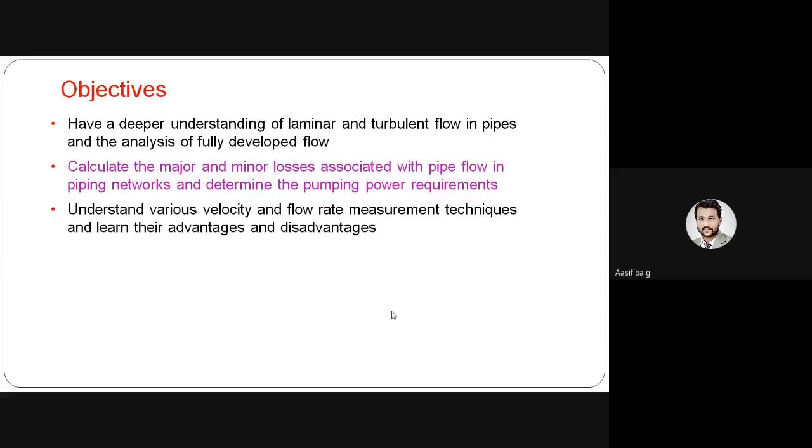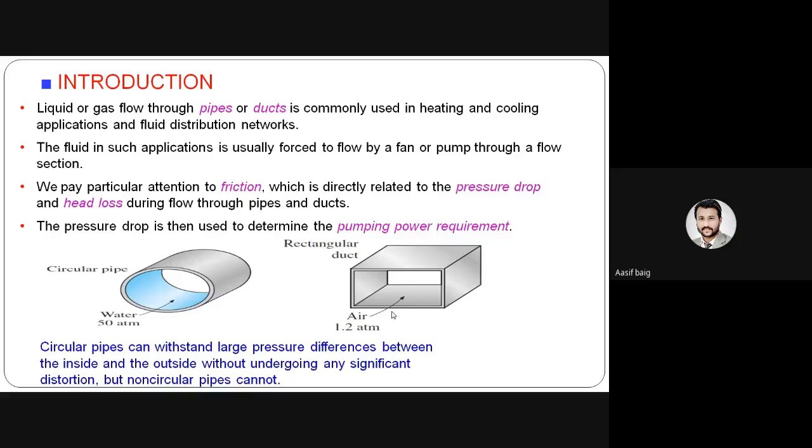As this, I have made another color font, because due to the very less time we have, we will try to cover in a very minimum time, or we will just look into the formula part only. We will see the various velocity and the flow rate measurement techniques and learn their advantages and disadvantages. So here we have introduction of the pipe flow.